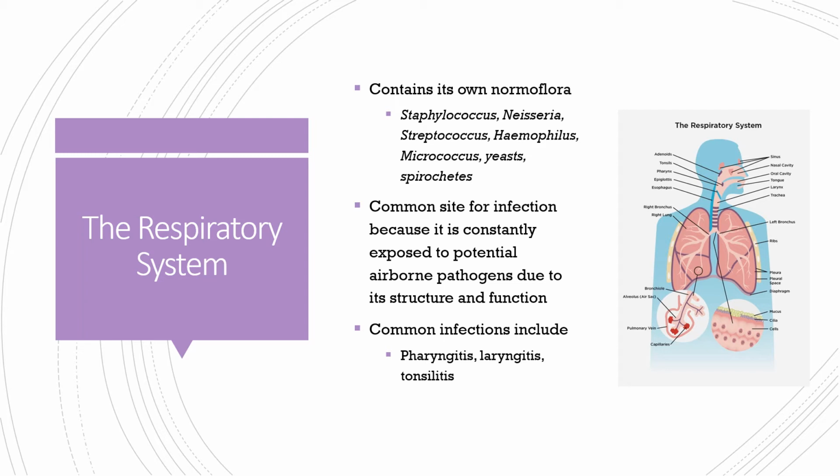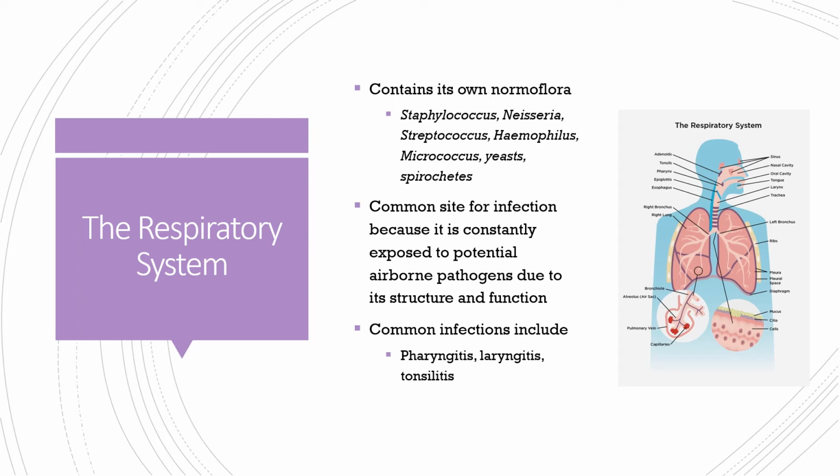Now we have some friendlies that are living there that include Staphylococcus, some species of Neisseria, Strep, Haemophilus, and Micrococcus. There's also some spirochetes and some yeasts kind of mixed in there that are helping us out.